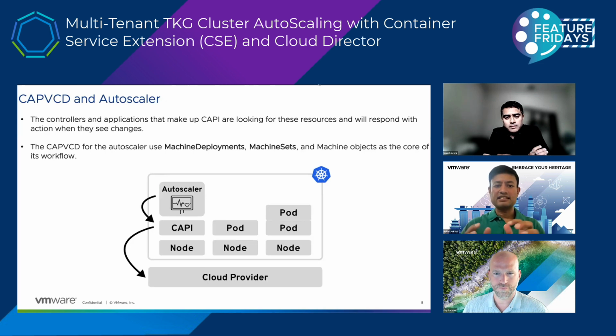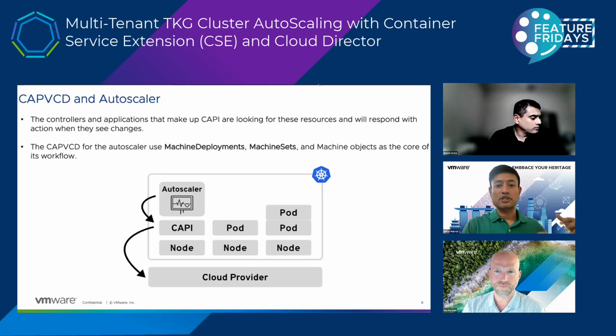When you create a Kubernetes cluster with a control plane and worker nodes, these worker nodes get translated into a machine deployment, and that is something you will see in the demo. The cluster autoscaler is actually looking at the machine deployment and the machine sets. So if a change is required in the machine deployment, the cluster autoscaler picks that change up and acts accordingly. That's the relation between how the cluster autoscaler and CAPVCD work together.